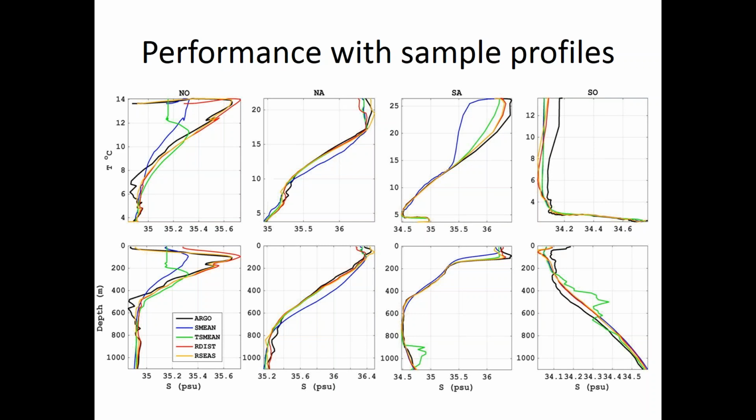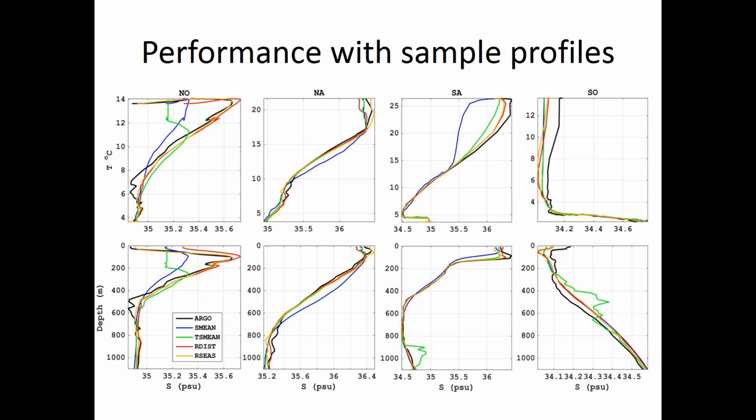For the Northern Ocean, the blue curve, the S mean, gets the profile partly, but in regions where we have a strong linear TS relationship, it just doesn't conserve the TS relationship.